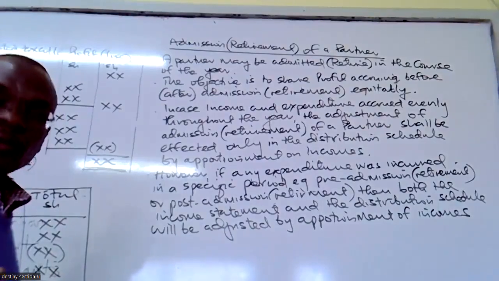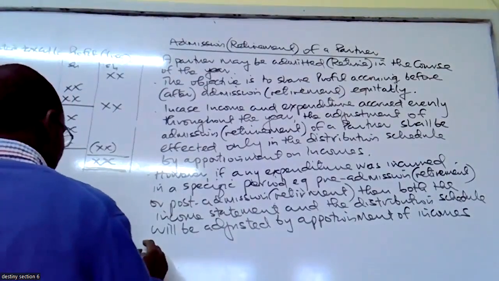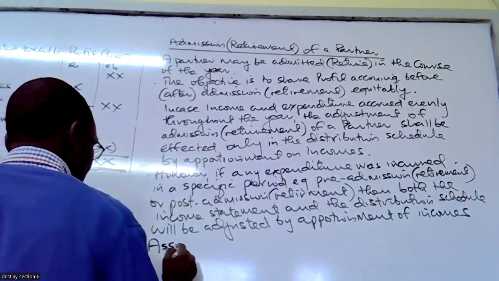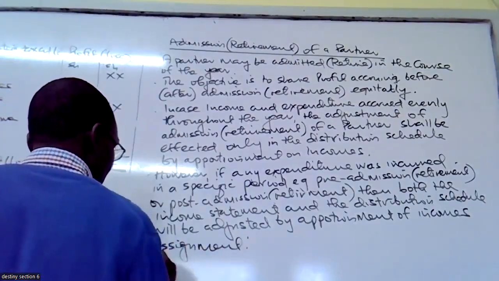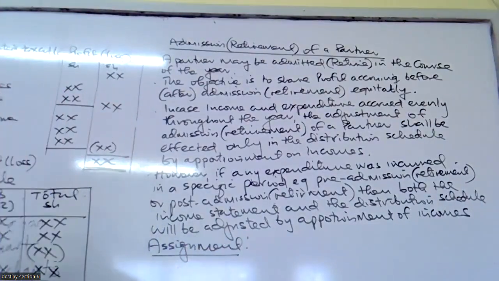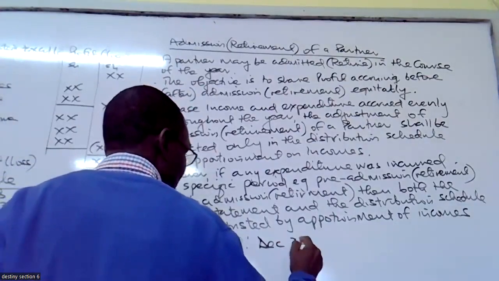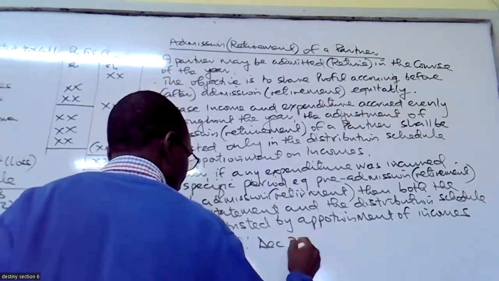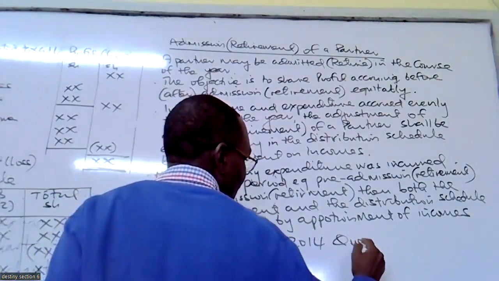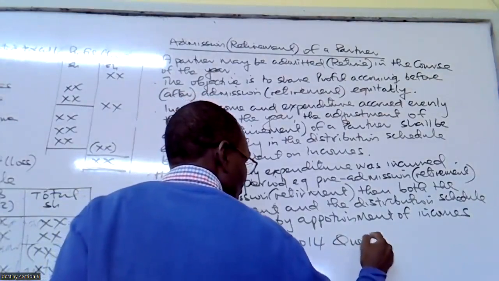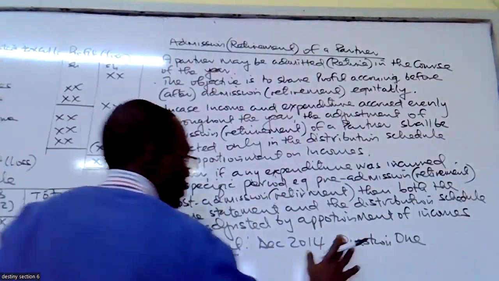So as I move to allowable and disallowable expenses, let me give my first assignment question. This would be my past assignment question to the class. So you can try December 2014, question 1.